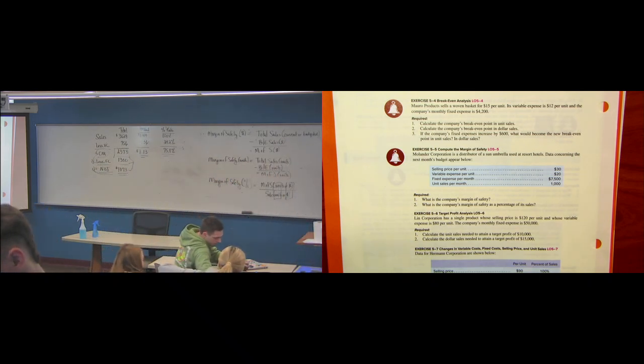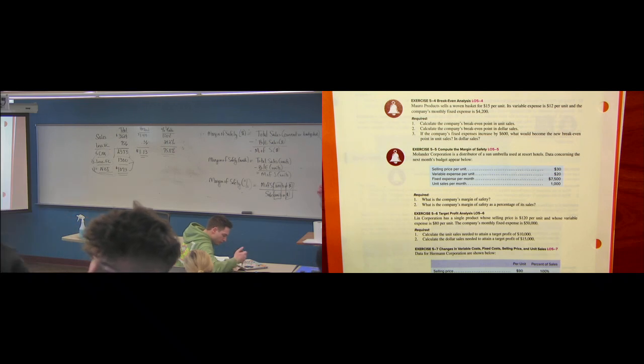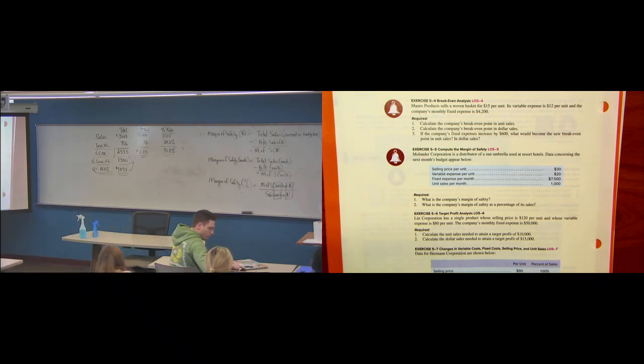Remember, folks, you always have to start with the variables in the template before you can start plugging into formulas, so make sure you have the right variables.